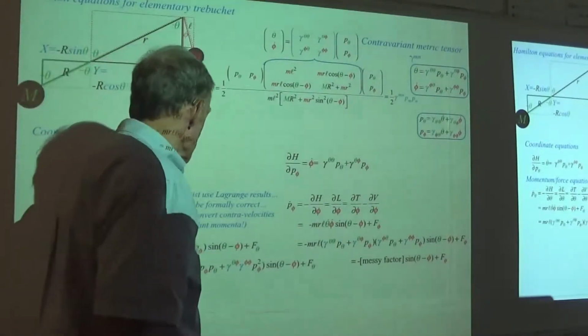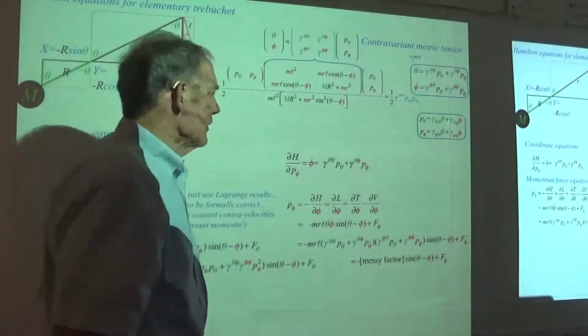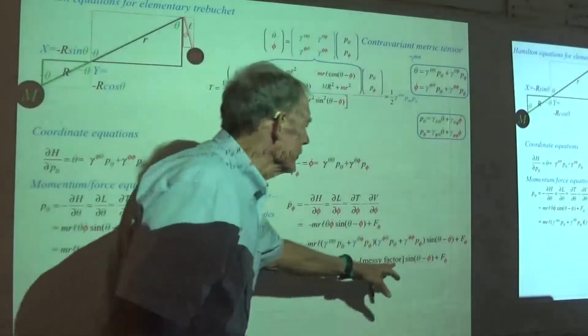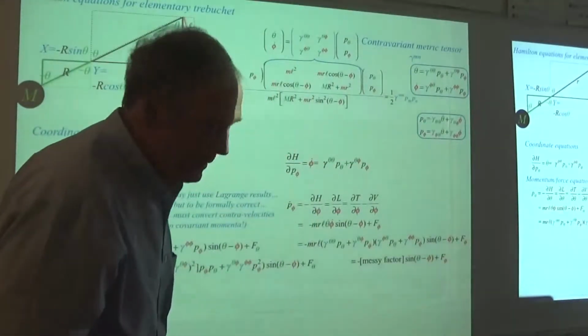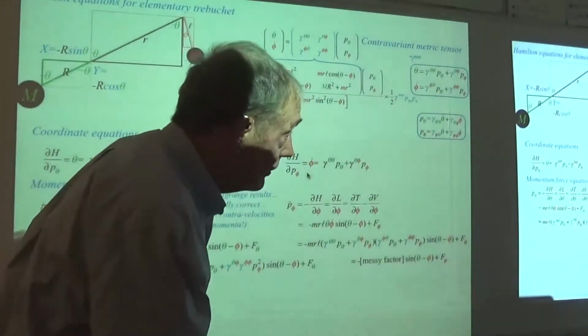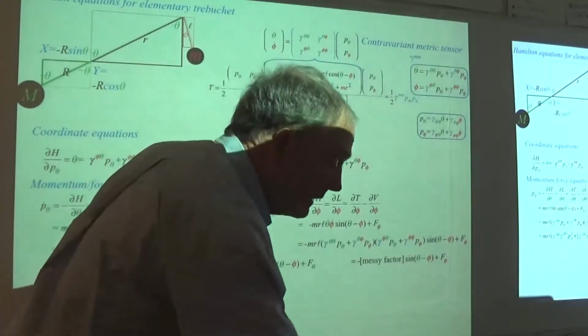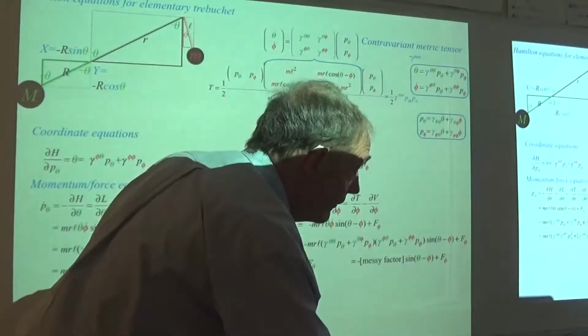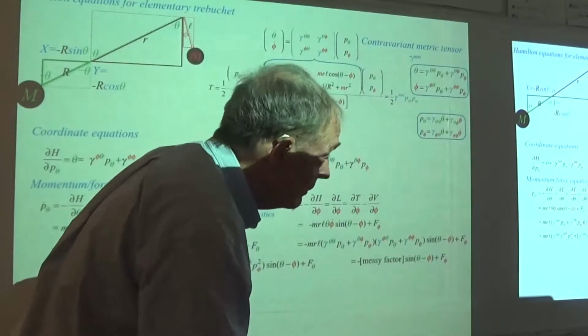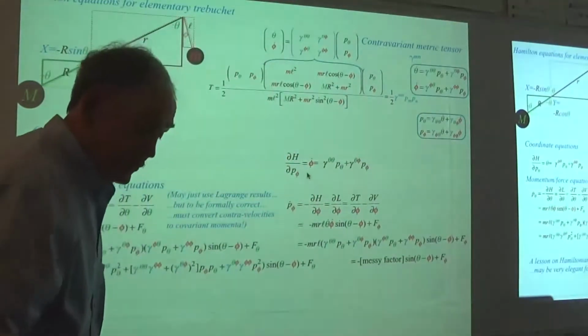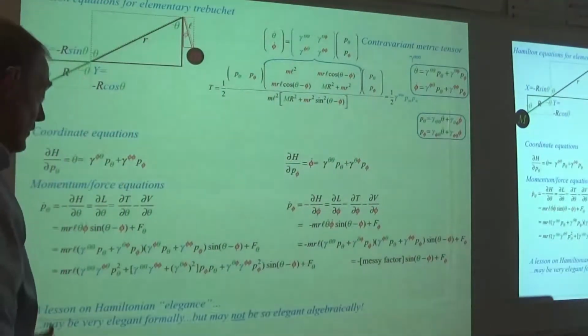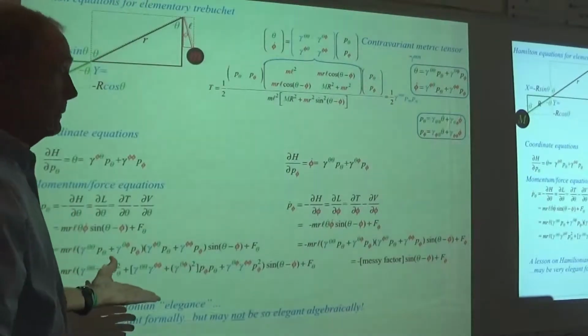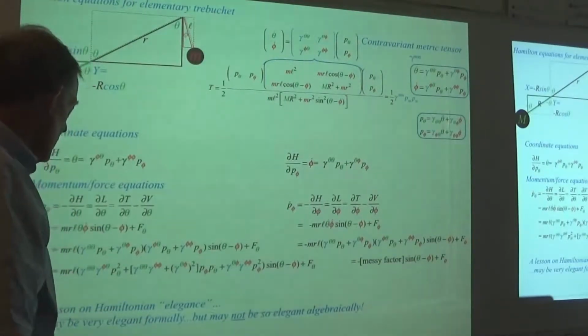As I say, this is a messy factor, so I just write messy factor times sine theta with the phis on f phi there. And, well, to make a long story short, this thing really shows that you have lessons in the inelegance of just the algebra that you're after here for writing the equations.